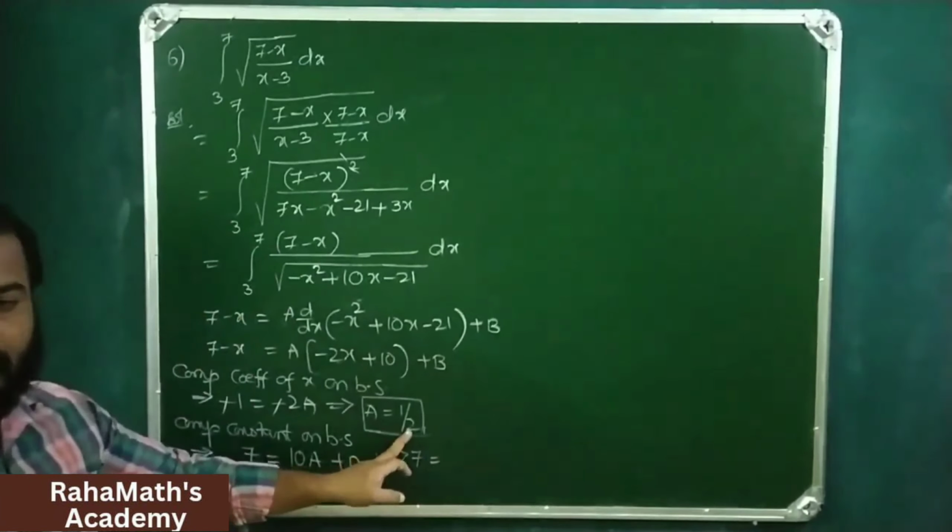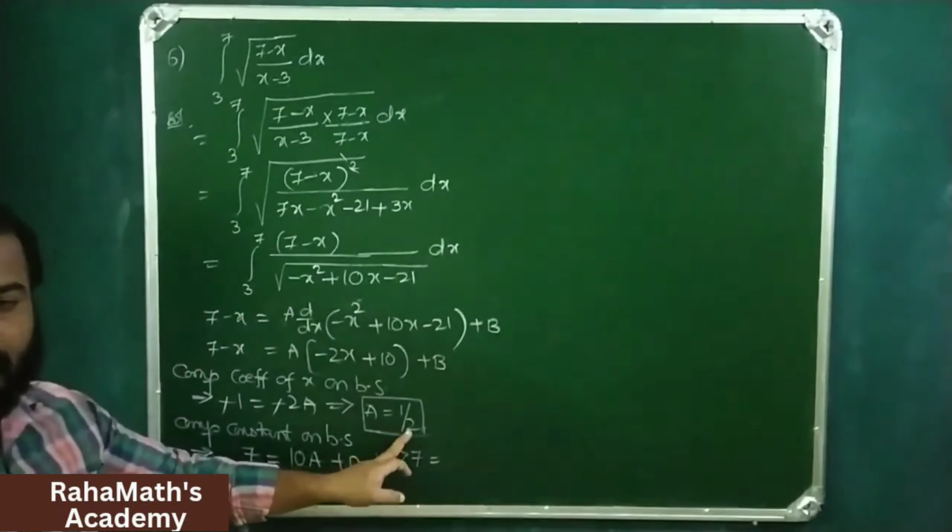Therefore 7 minus x is equal to, what is a? a is 1 by 2 into minus 2x plus 10, plus the value of b is 2.